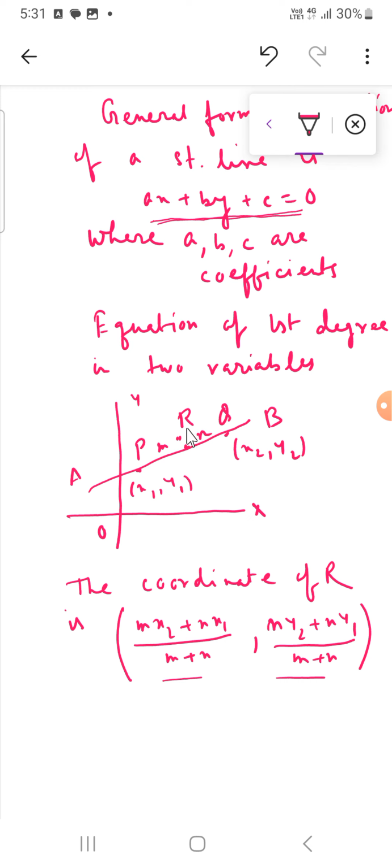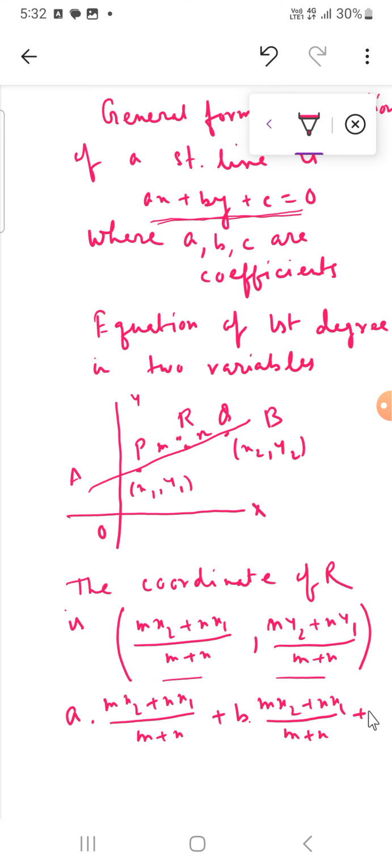So putting the R point in the left hand side of this general equation, we get a times (mx2 plus nx1) by (m plus n) plus b times (my2 plus ny1) by (m plus n) plus c.